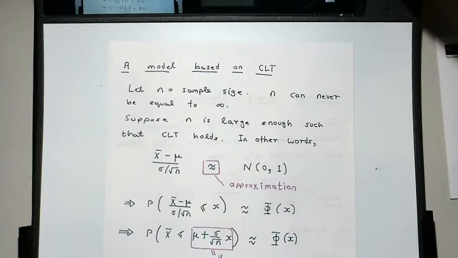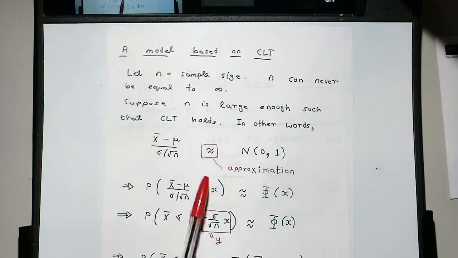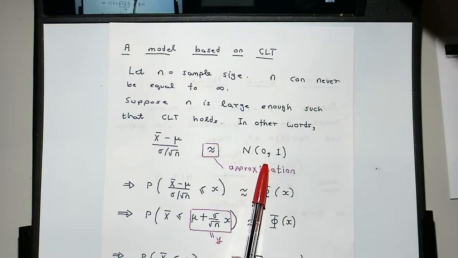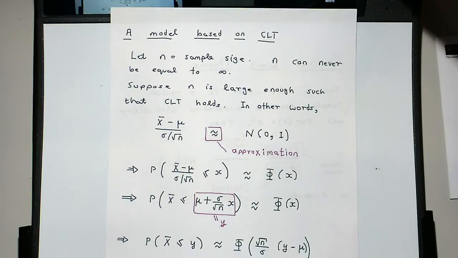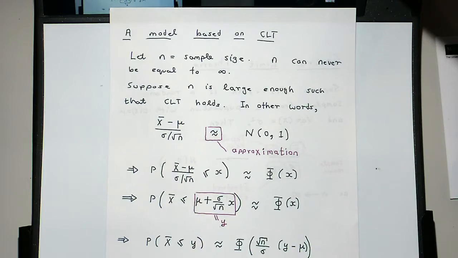So a model based on the central limit theorem. This is what I just said. Now usually you can never have an infinite sample size, so you need to assume that this is approximately equal for a given n large enough. Usually in statistics we take n greater than or equal to 25 as a large sample size.